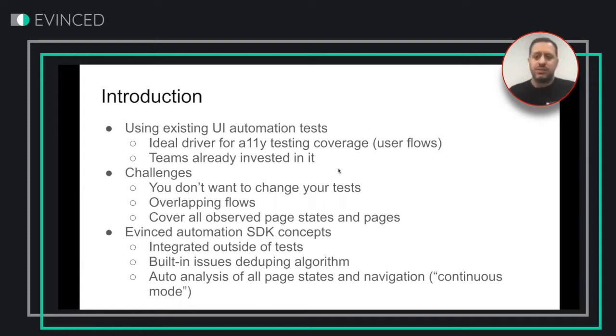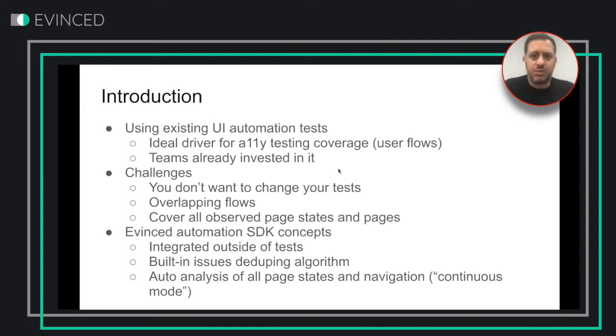So these challenges were actually the input that we took into consideration when designing our automation SDKs. And when doing that, we created the following concepts. First of all, the Evinced automation SDKs are built in a way that they can be integrated outside of the test flow.